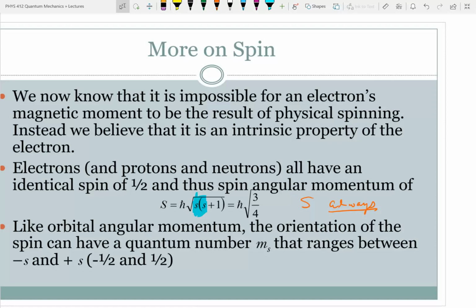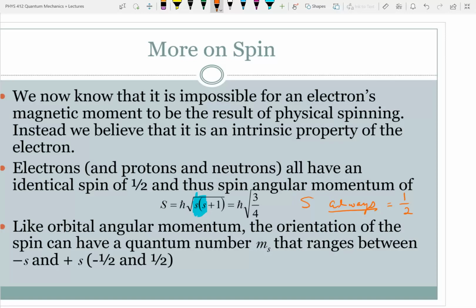S always equals 1/2. We don't need to specify the quantum value because it can't change. Okay, for electrons. Yeah, for electrons. Electrons, just like protons, just like neutrons, always have a spin of 1/2.